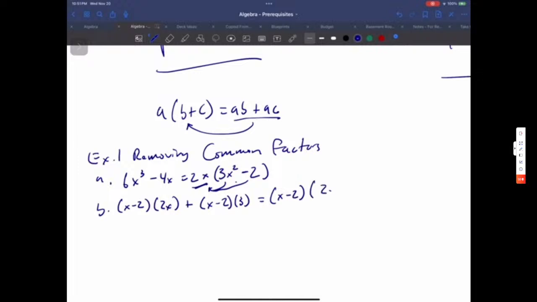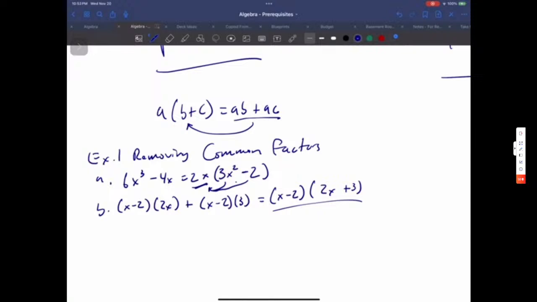What's left is 2x plus 3. Oh, and look at that. You have another binomial in that. It looks a little weird in the first part, but in the second one, that's what you get. It's because in the first part, it wasn't simplified down to the third degree polynomial or the second degree polynomial that you would have gotten. So it looks different, but it results in the same thing, a multiplication of binomials.